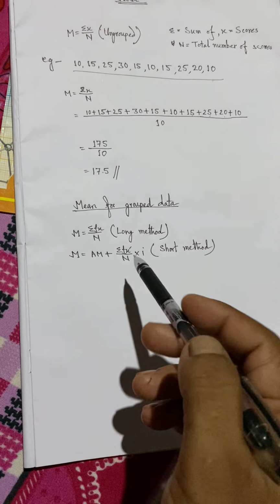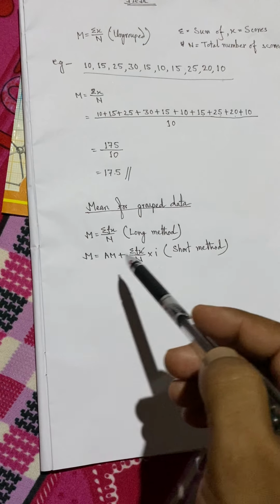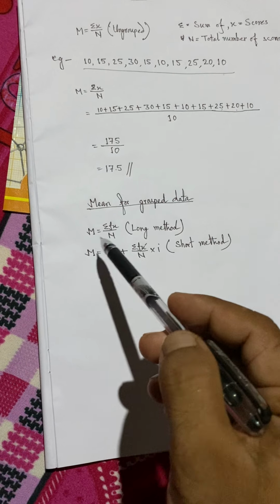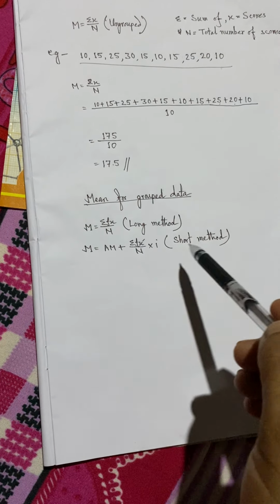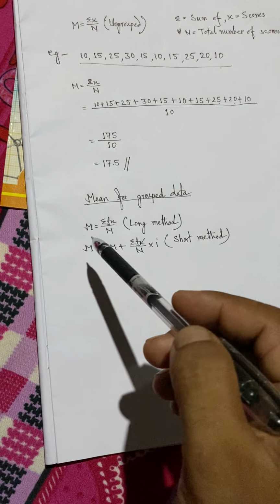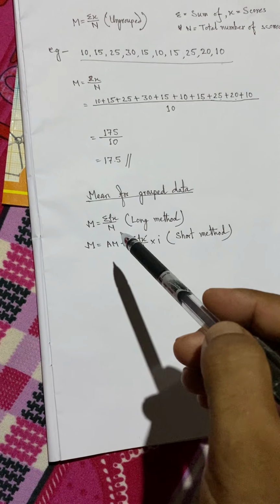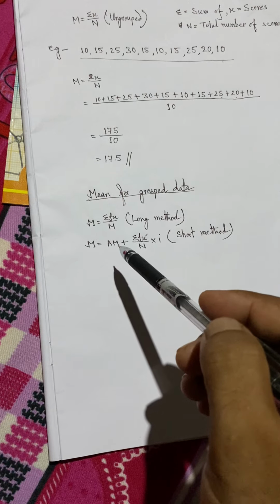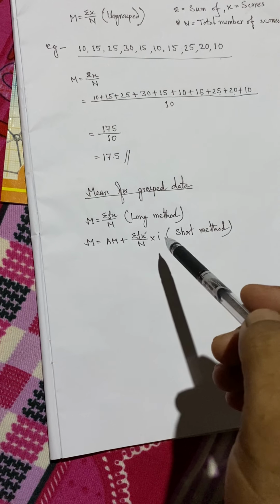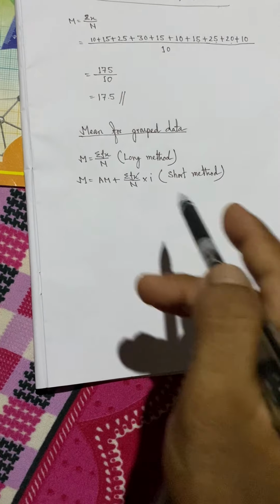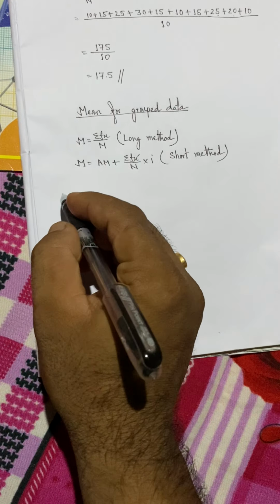So you can calculate mean from grouped data by following these two formulas. One is the long method formula, another one is the short method formula. Long method is mean is equal to sigma fx by n, and short method is am plus sigma fx dash by n into I. So let us take a table.